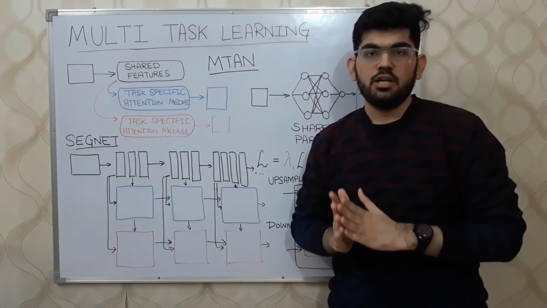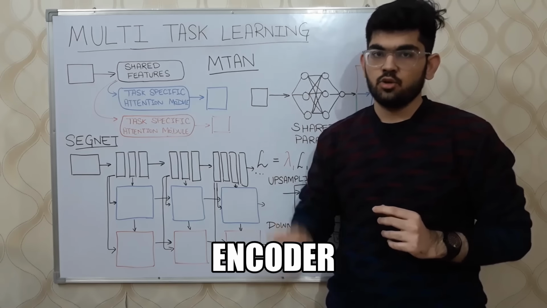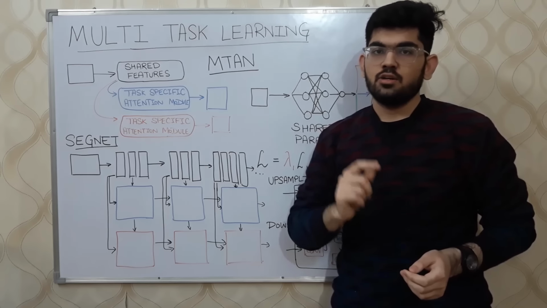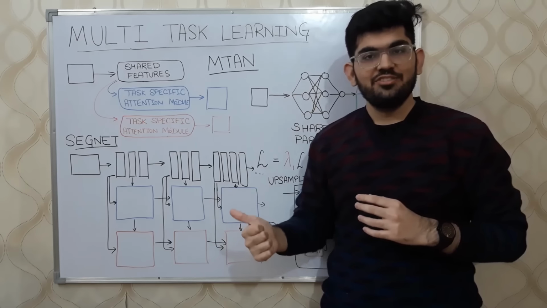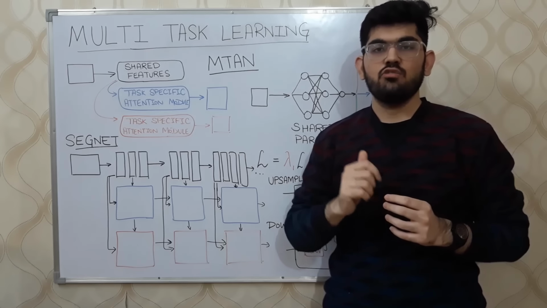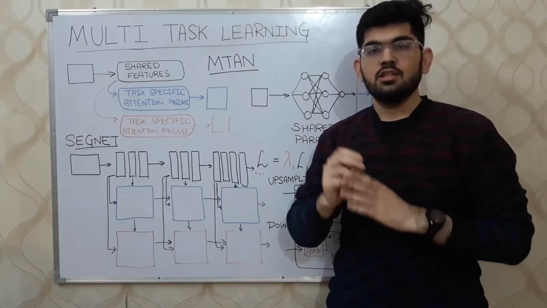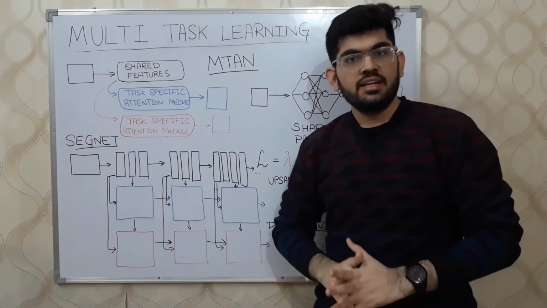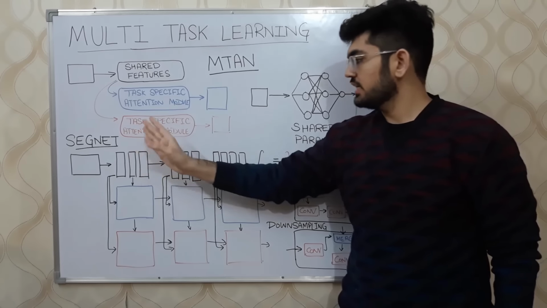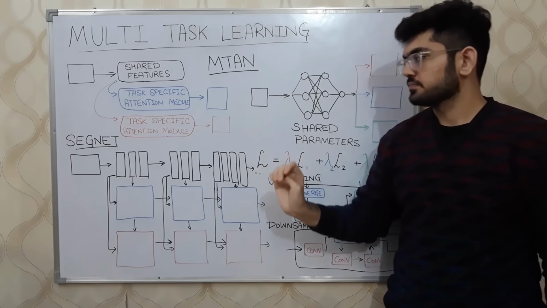The downsampling part of the network is also called the encoder, and the upsampling part of the network is also called the decoder. The only difference between SegNet and fully convolutional neural networks is the operation that we use for upsampling. So the SegNet architecture has different convolution blocks, as we can see over here.